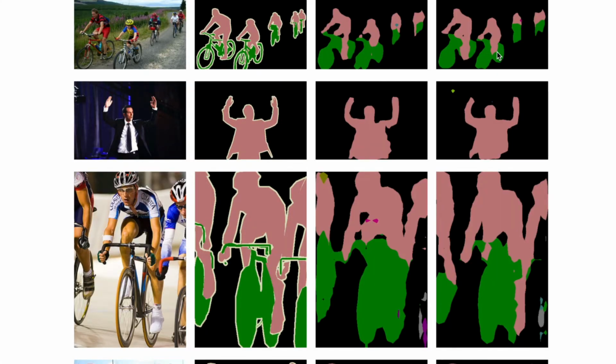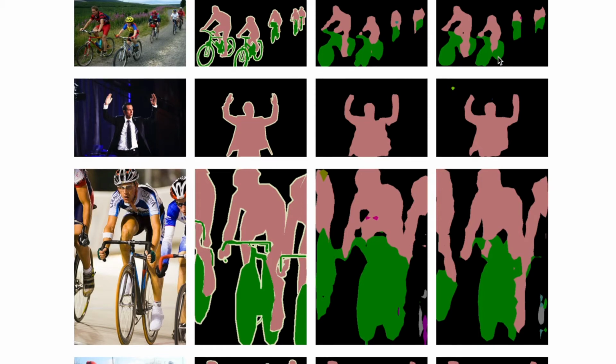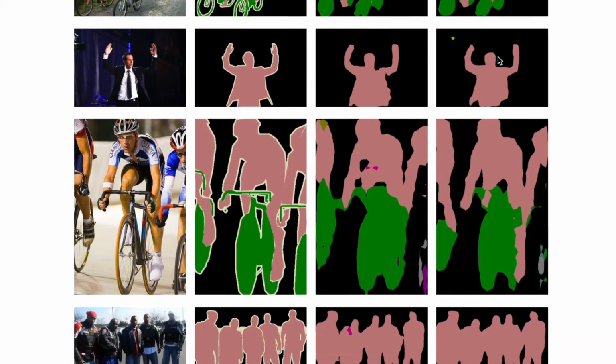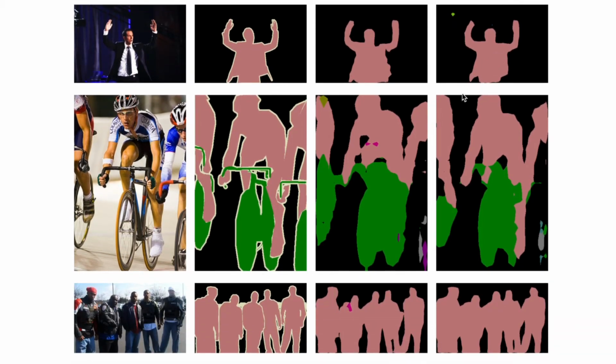To test our network, we trained the traditional network and the new network with the edge losses for the same number of epochs. Here are some results from the Pascal dataset. Here, on the human leg, our network provides a better result. The clothes of the human, the hands, the legs, they all have better results.